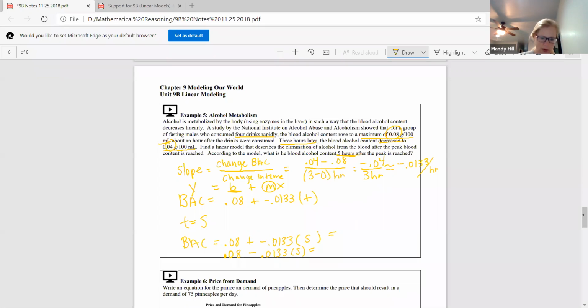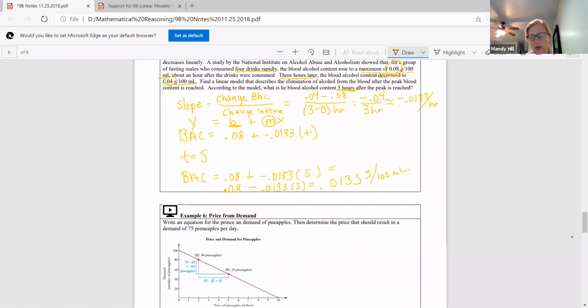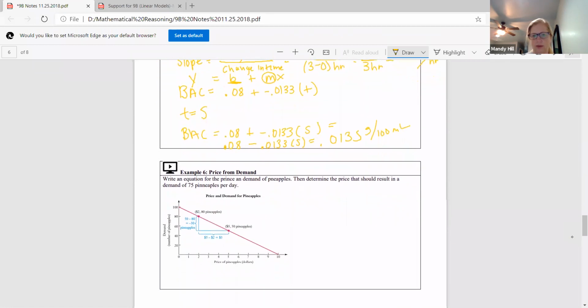So 0.08 minus 0.0133 times 5 ends up with a blood alcohol level of 0.0135. And they told us in the problem that that was in grams per 100 milliliters. So it keeps going down. After 5 hours, you're still getting less.